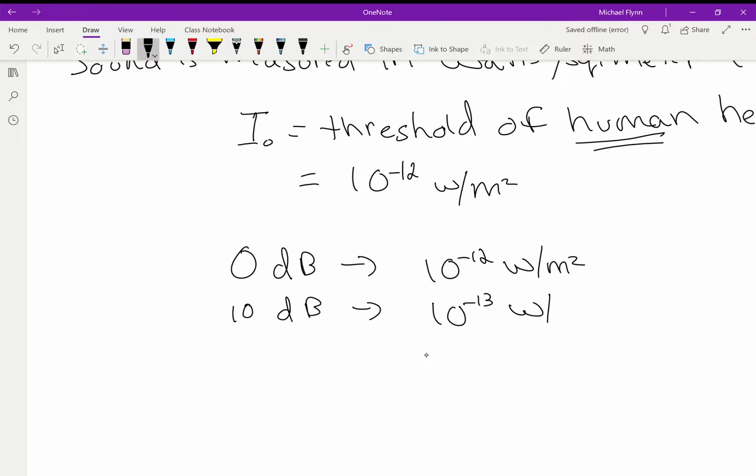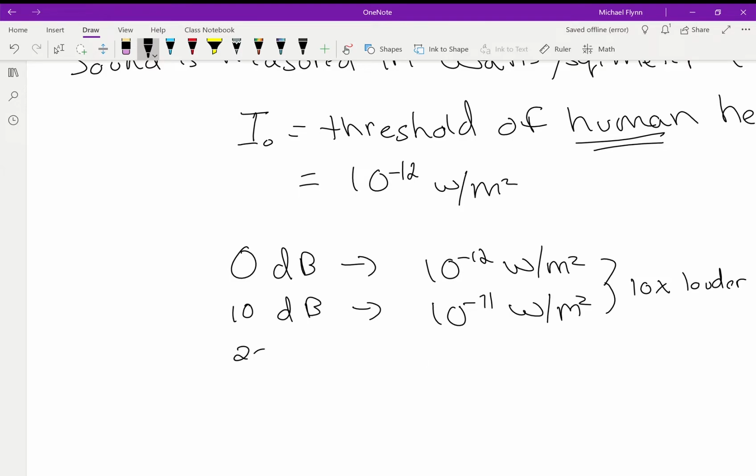So 10 decibels is 10 to the negative 11 watts per square meter. This is 10 times louder. If I multiply 10 to the negative 12 by 10, I get 10 to the negative 11, and that is 10 decibels.